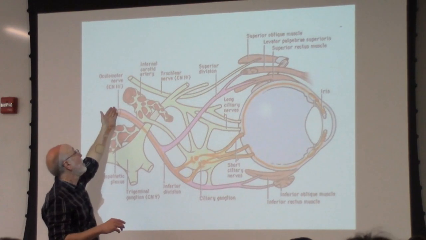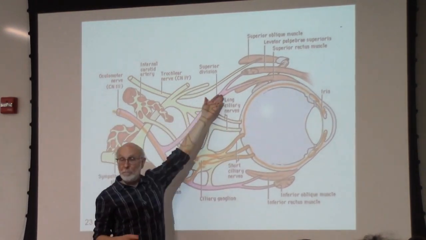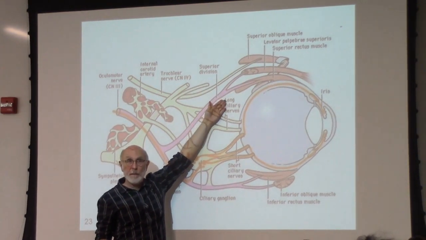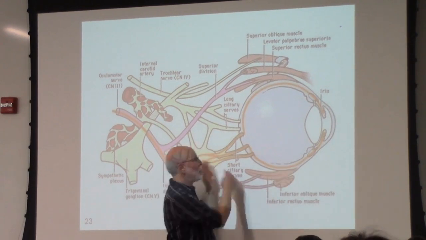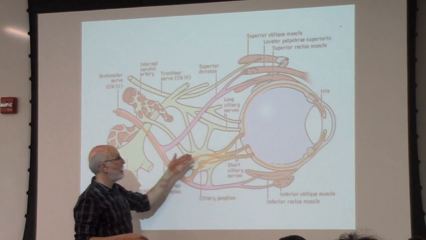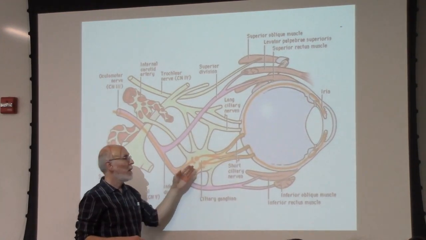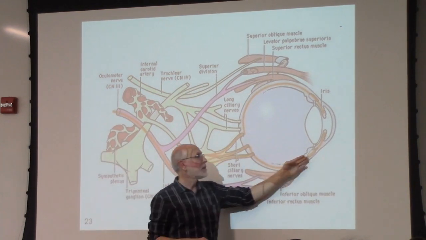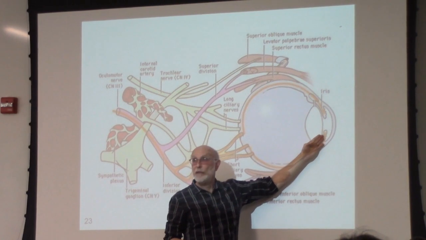The oculomotor nerve innervates muscle, and it innervates a ganglion that innervates other neurons. Remember, a ganglion is a cluster of neurons. The oculomotor nerve innervates a ganglion. It's called the ciliary ganglion. That's not a name I'll ask you to learn. A ganglion that controls the ciliary muscle and the iris muscle.